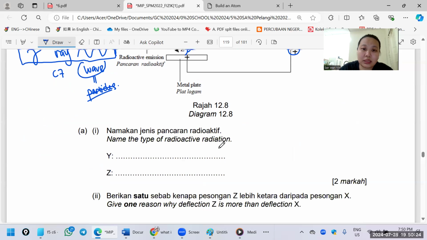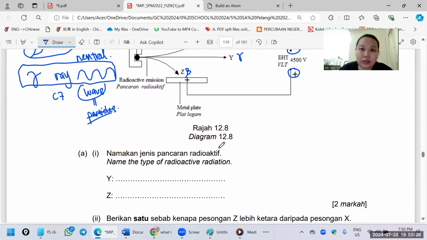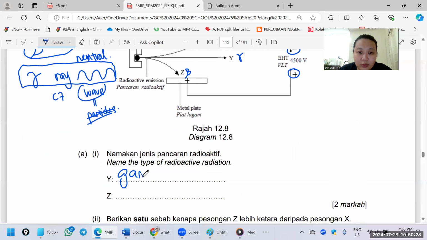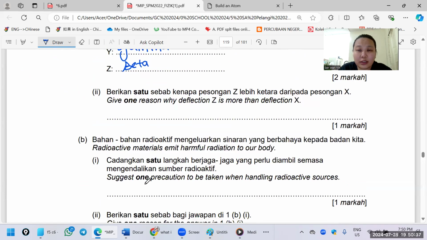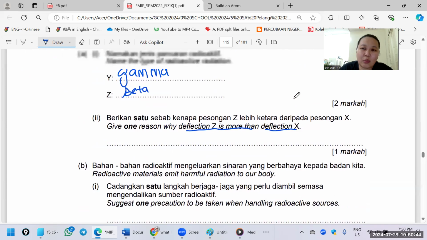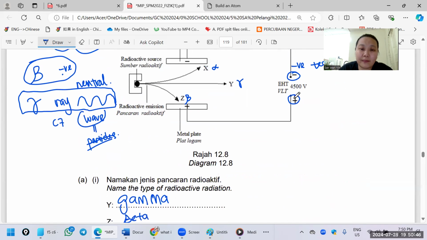Right, so now name the type of radiation. Y is gamma. Z is beta. We always say beta. Okay, give one reason why the deflection of Z is more than the deflection of X. Here, be careful.